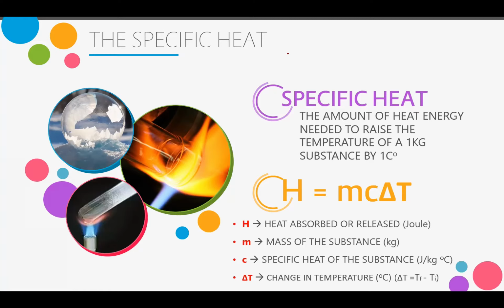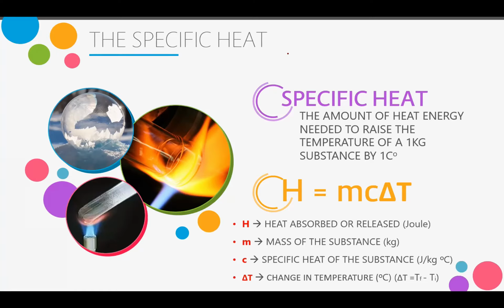But what is specific heat? Specific heat is the amount of energy needed to raise the temperature of a 1 kilogram substance by 1 degree Celsius. So that is the specific heat.